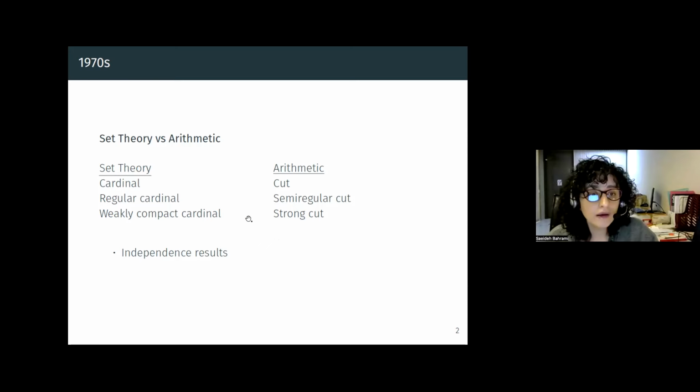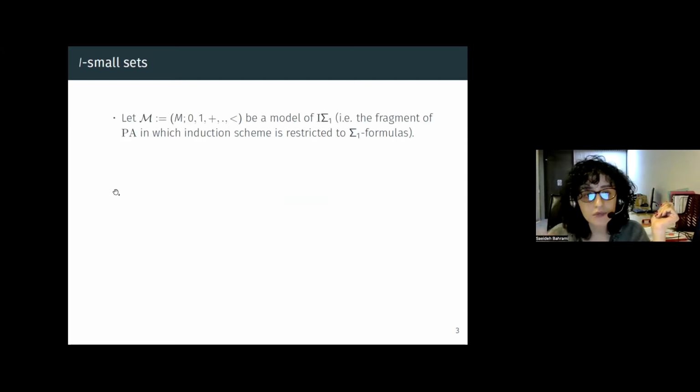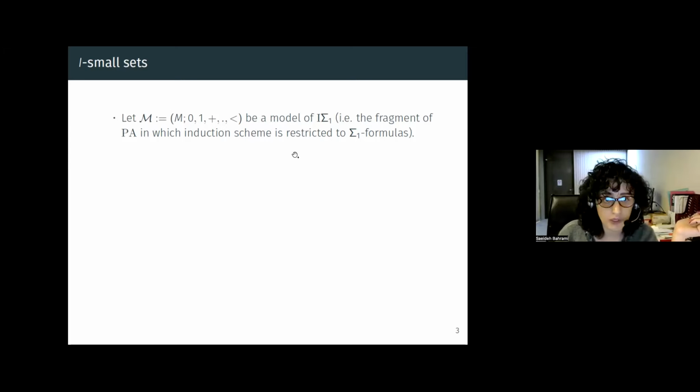So for any subset of a model of set theory, we can attribute a cardinality, a cardinal number, to that set. In a similar way, when we have a model of arithmetic, for example, we are working with the theory I sigma 1. By the theory I sigma 1, I mean the fragment in which the induction scheme is restricted to sigma 1 formulas.